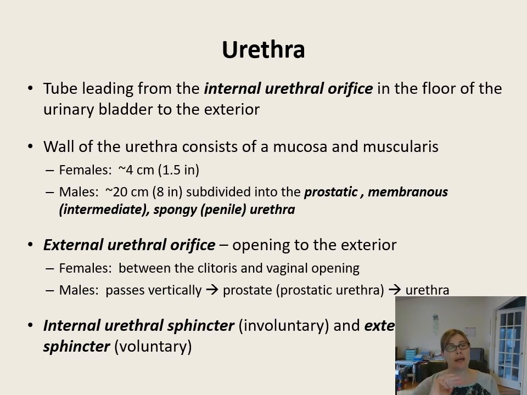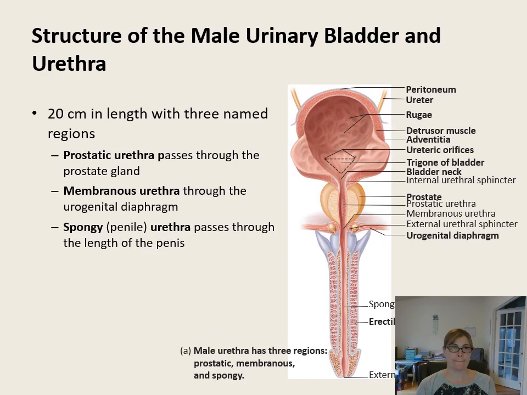So I'm going to show you a slide to give you an image of those sphincters. This is the male urinary bladder and urethra. Notice the shape of the bladder. We see that trigone. And then we have other structures involved there, which again, we'll talk a lot about when we get to the reproductive system. But the male urethra passes through 3 main locations.